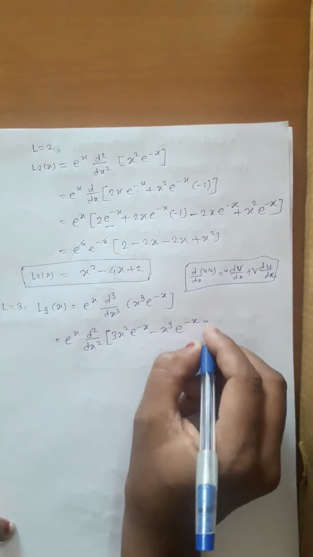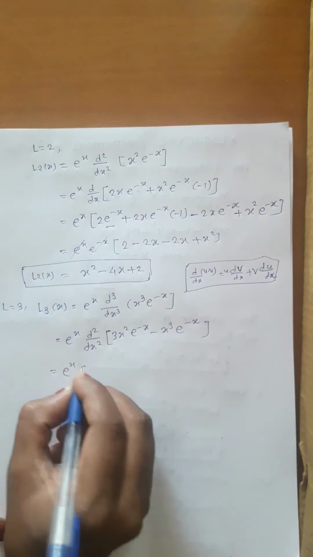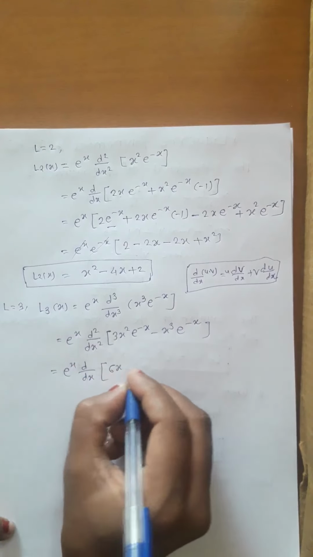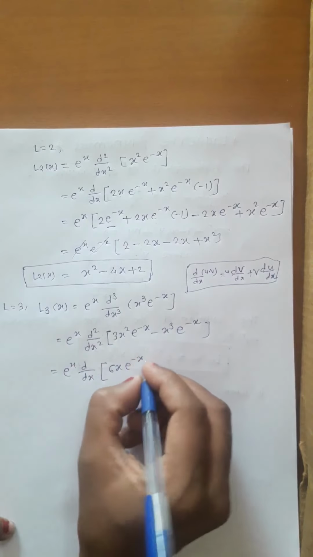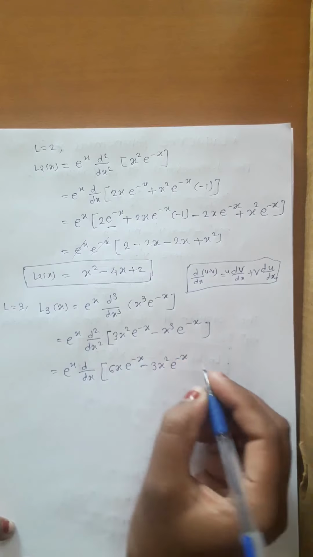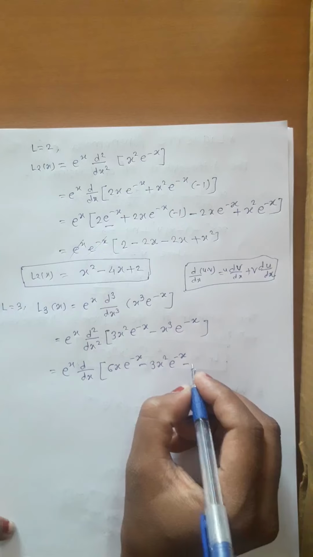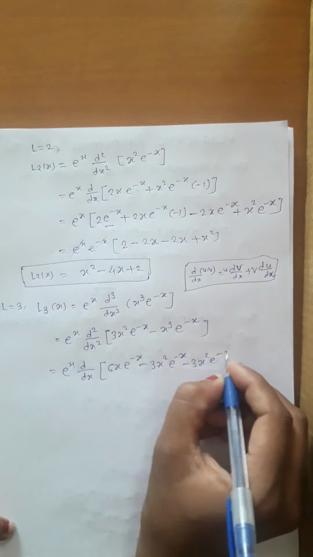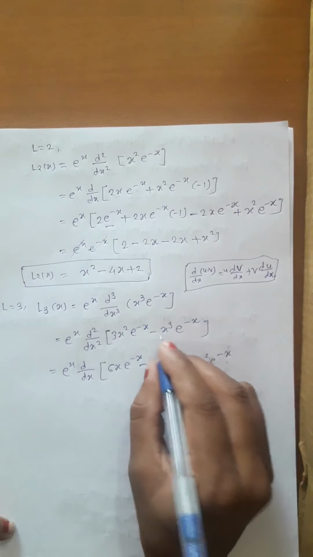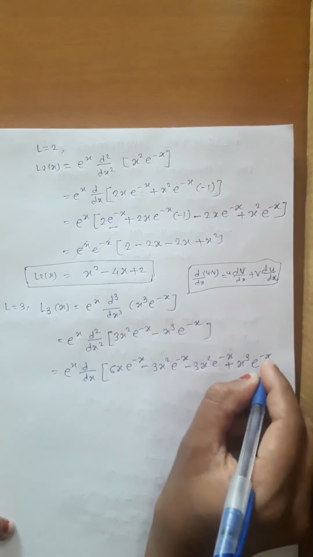Then again the derivative of this term: e raised to x into d by dx of 6x e raised to minus x minus 3x square e raised to minus x minus 3x square e raised to minus x, and the derivative of e raised to minus x gives minus minus, which will be plus x cube e raised to minus x.